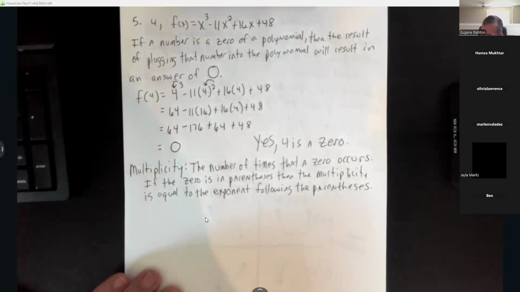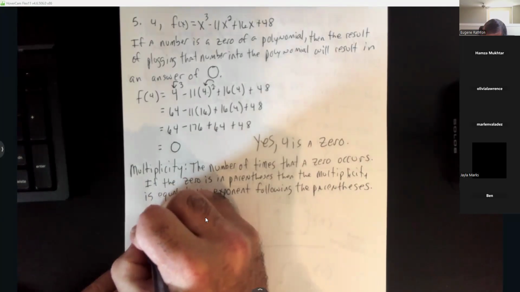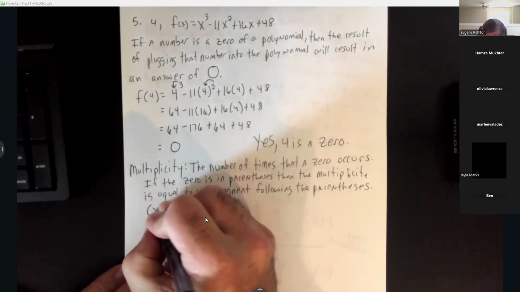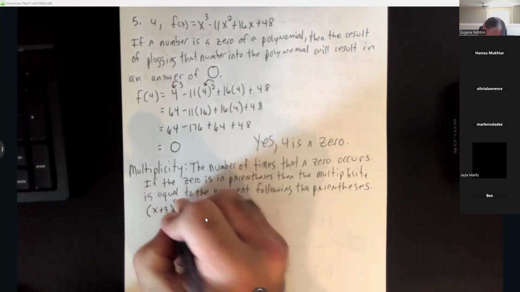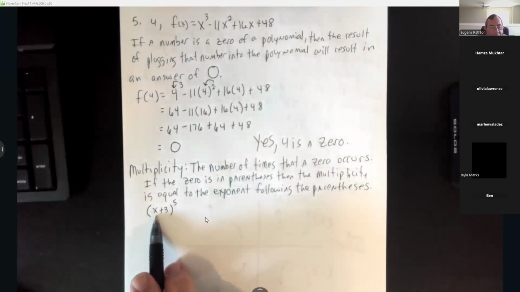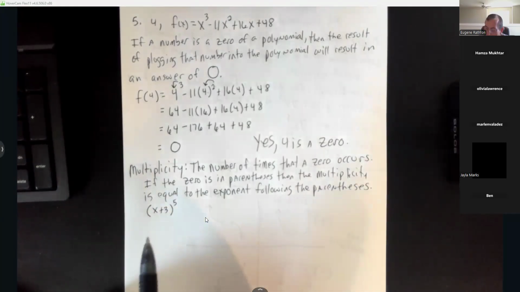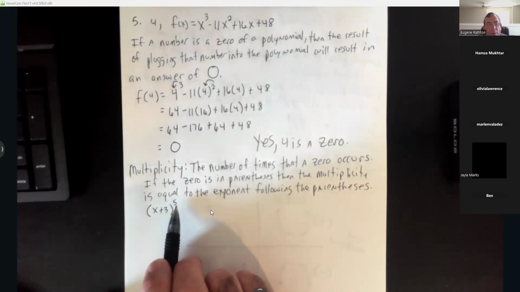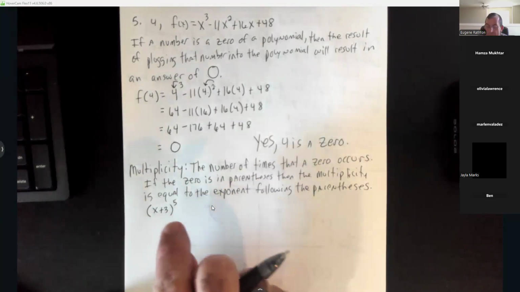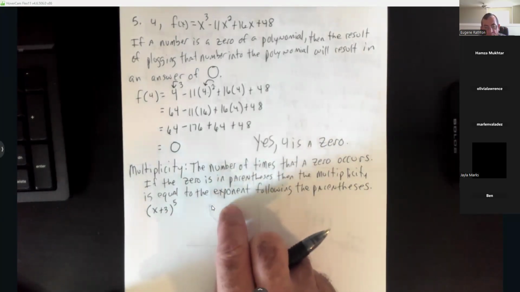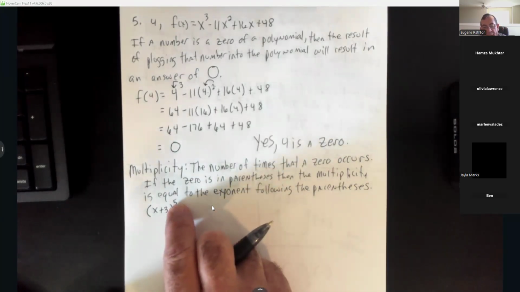All right, so let me show you what I'm talking about. If I had something like x plus 3 to the fifth, I would find the zero by setting the parentheses equal to zero, and then the multiplicity would be the 5, because that's how many times you would write this factor. X plus 3 times x plus 3 times x plus 3. That's what that 5's telling us.